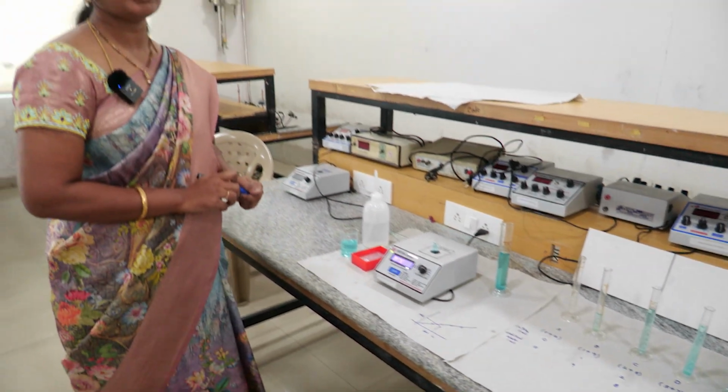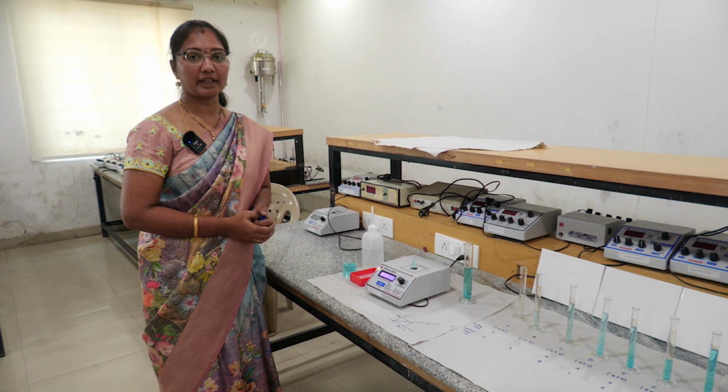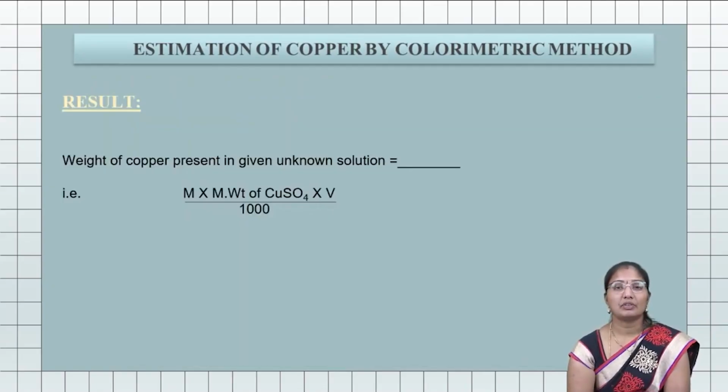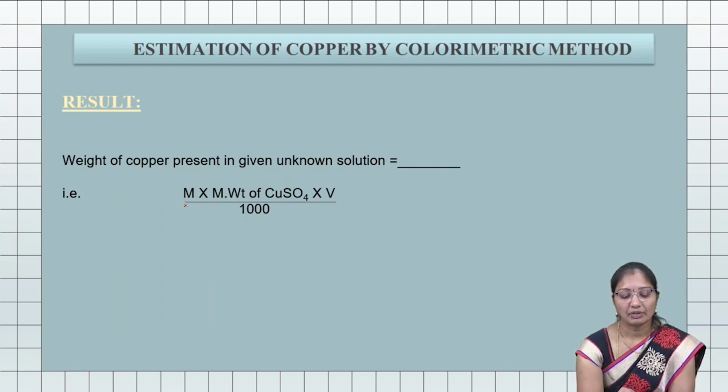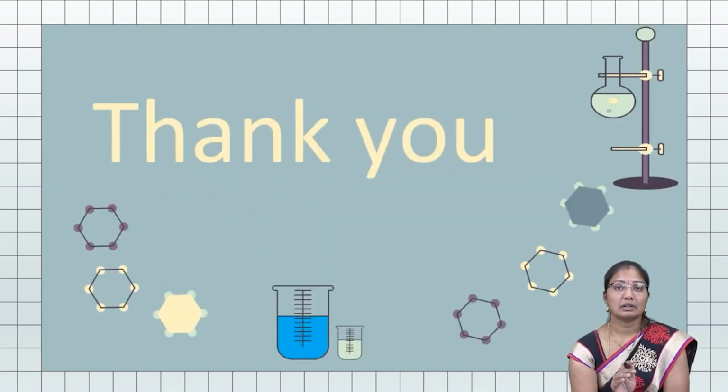So this is the way we use the concept to find out the concentration of copper in unknown solutions. The weight of copper present in the given solution is calculated from the absorbance: the molecular weight of copper sulfate times the volume, divided by the value we get from the graph, and divided by 1000, gives us the concentration of copper present in the unknown solution.